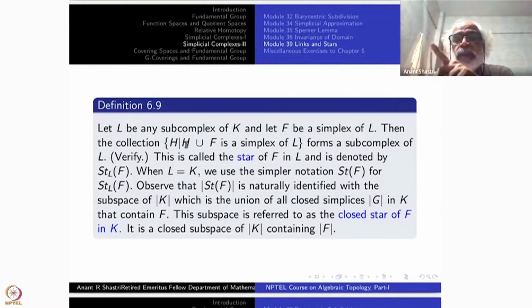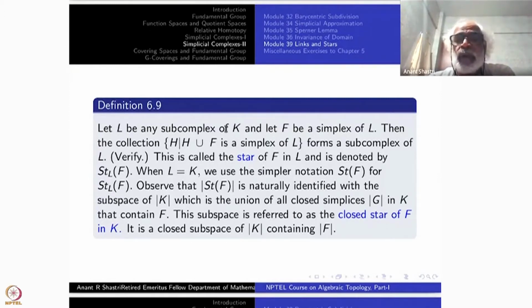Then you put H in this collection. In particular, F union F is also there, right? So F will be also there and subsets of F will be also there. Once something is a simplex, all subsets of H will be also there. Not only that, even subsets of F are also there.